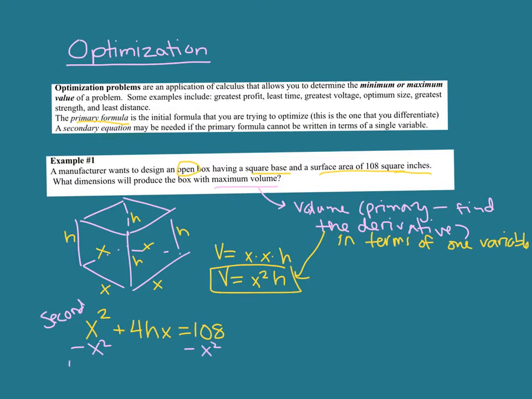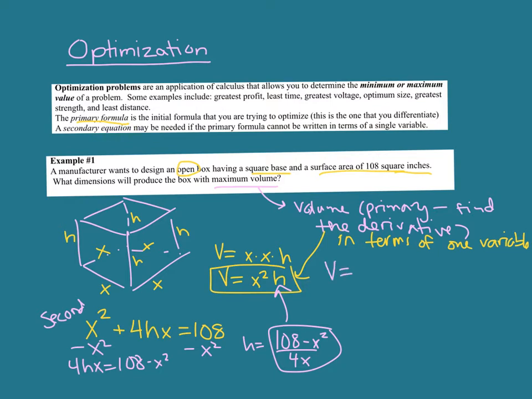And when we do that, we don't get something really nice, but we get something that works. We get h is equal to (108 minus x squared) over 4x. So now that I've solved my secondary equation in terms of one variable, I can plug that into my original equation, my primary equation that has the V.